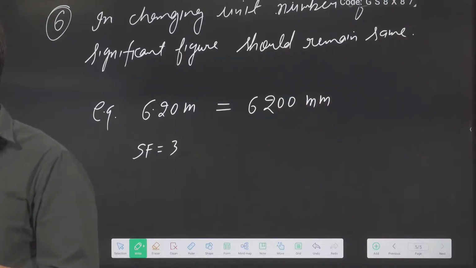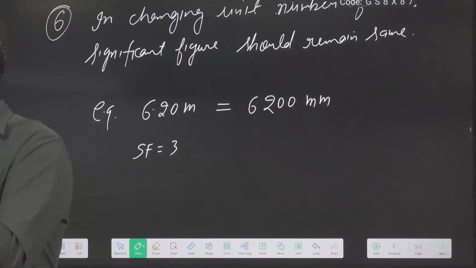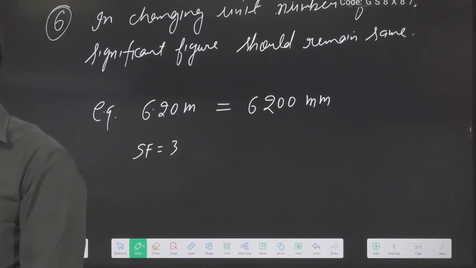6200 millimeter, how many significant figures are there? I am converting 6.20 meter into 6200 millimeter using the meter and millimeter relation. Whether the unit is written or not, trailing zeros are insignificant if they do not contain a decimal. So it is 2.